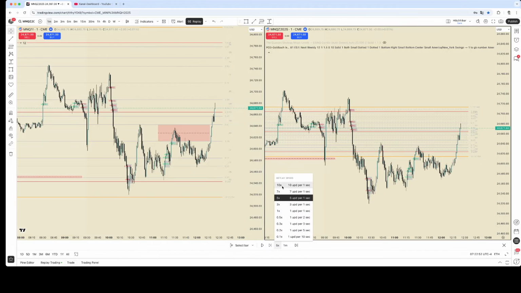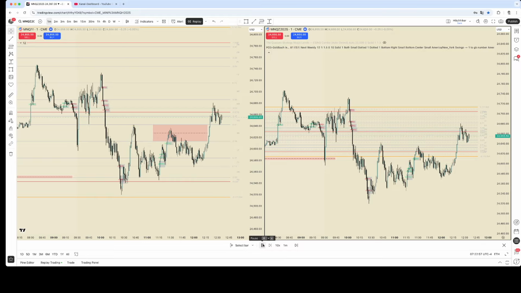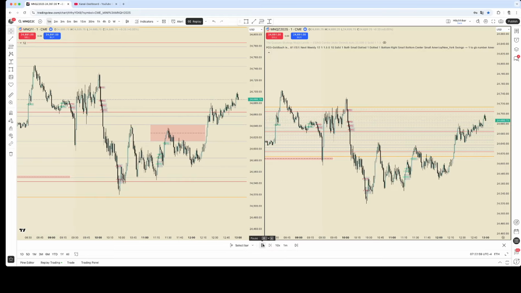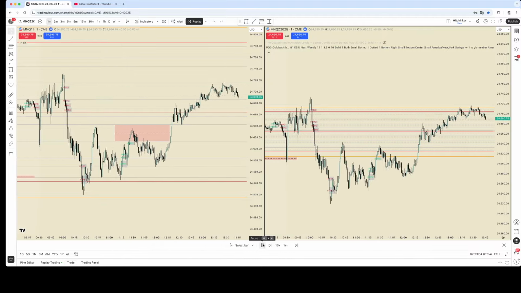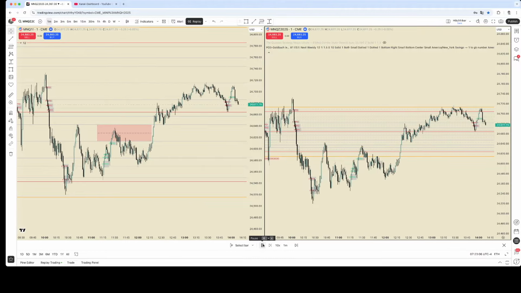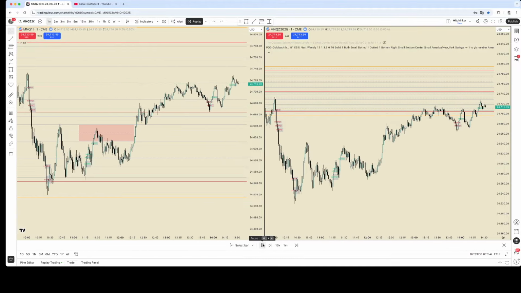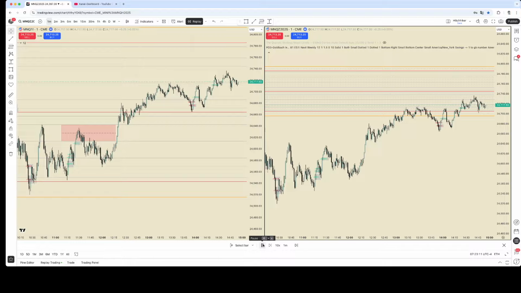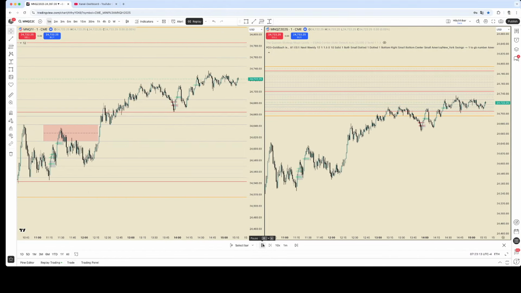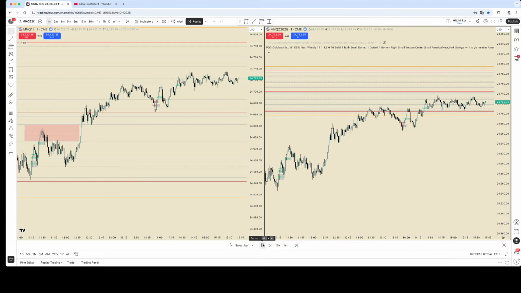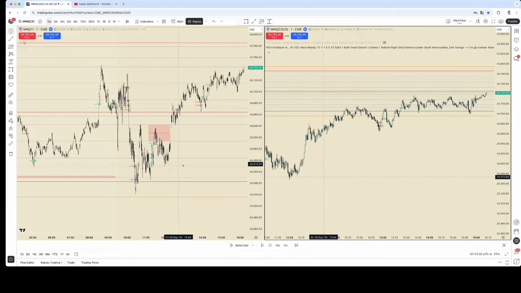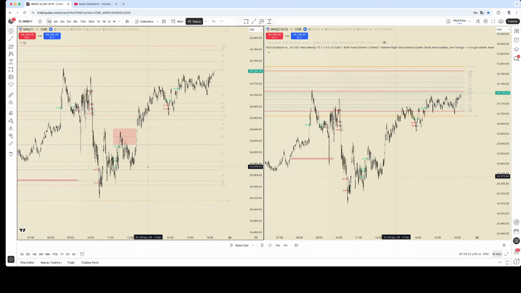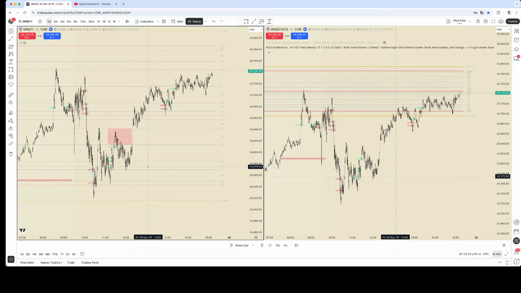Well, let's see if price does go to the high. Yeah, didn't quite make it within the regular trading hours.